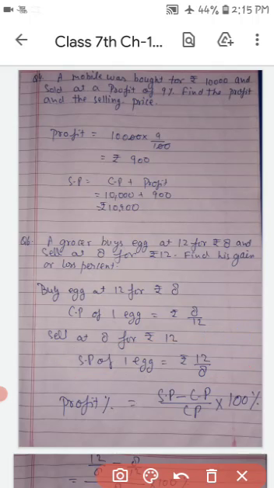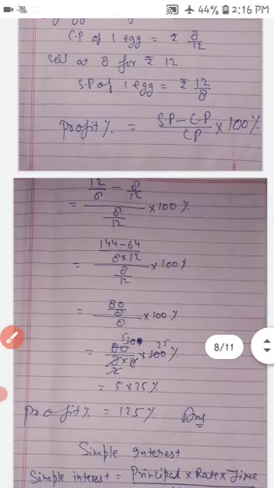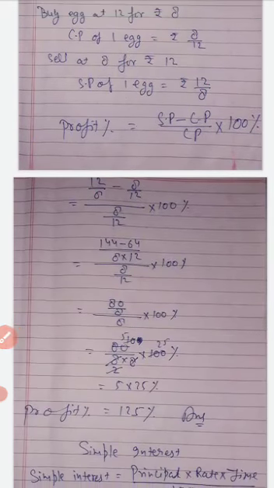Formula: profit percent is equal to selling price minus cost price upon cost price into 100. Putting the values, 12 upon 8 minus 8 upon 12 into 100.